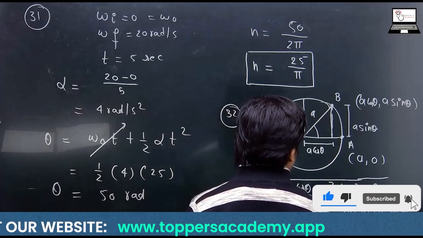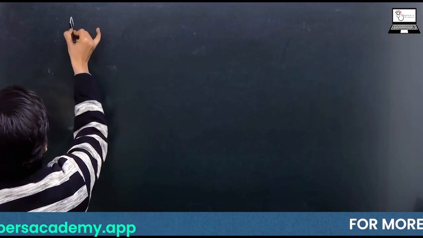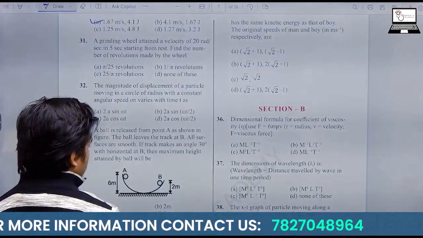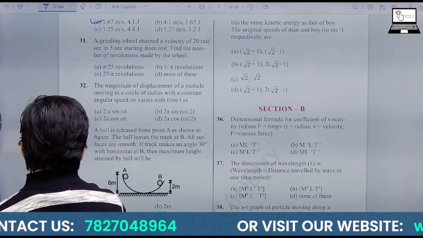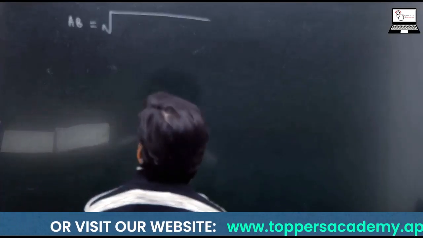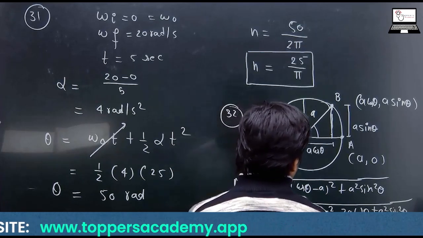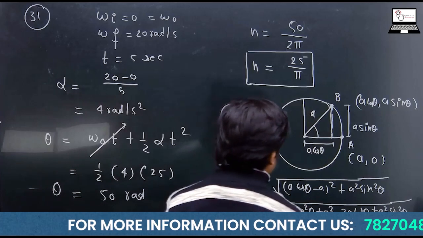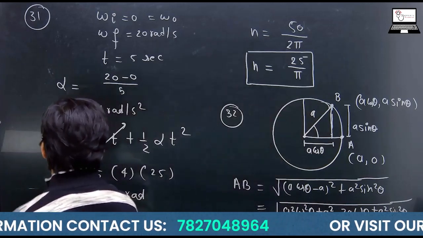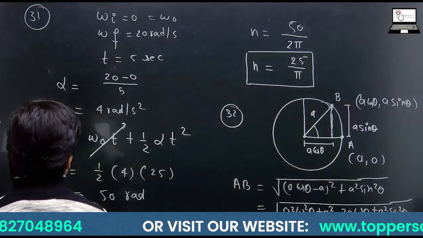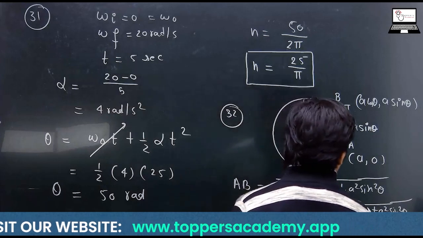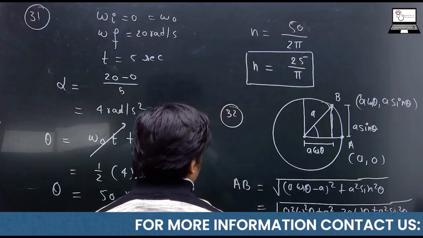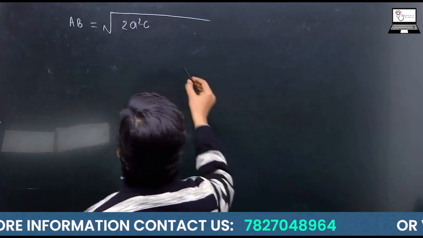Now I can write that AB is equal to the square root of, a squared sin squared theta plus a squared cos squared theta, that is a squared, so under root of twice a squared minus twice a squared cos theta.